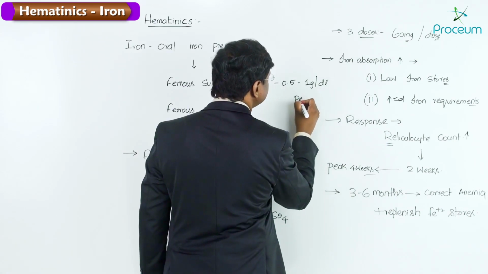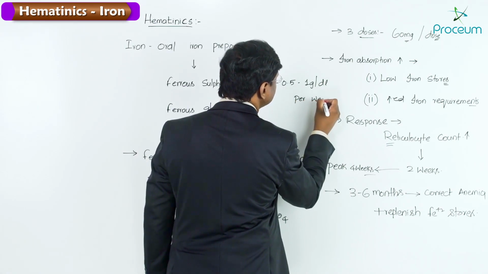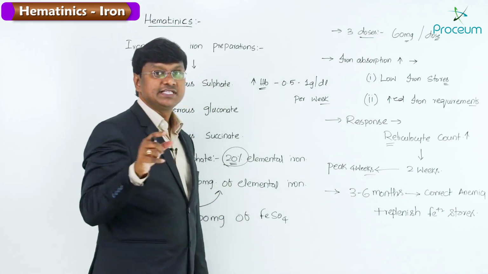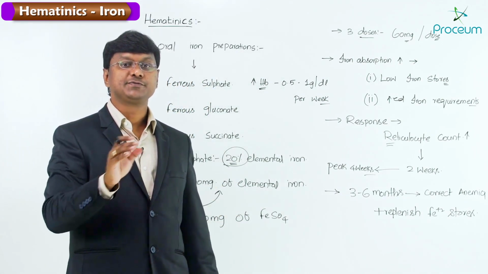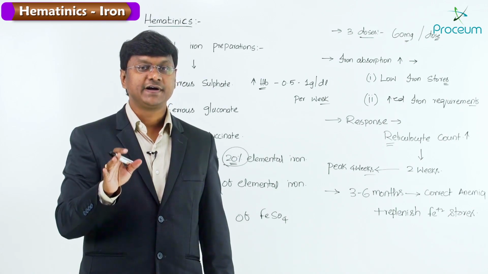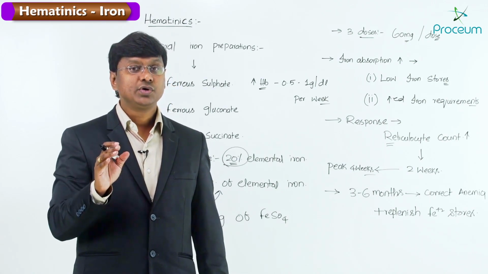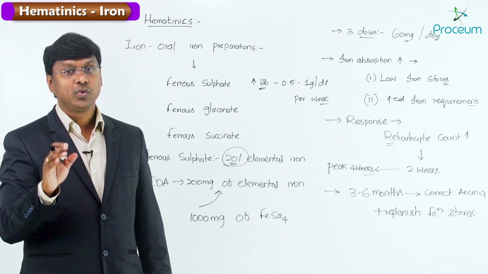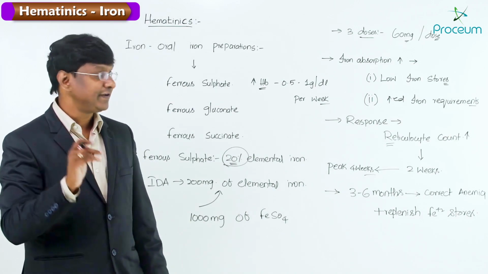And for prophylaxis of iron deficiency, 200 milligrams ferrous sulfate once daily is enough for prophylaxis.